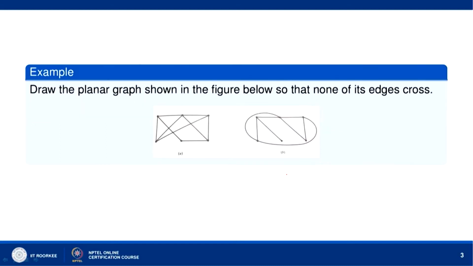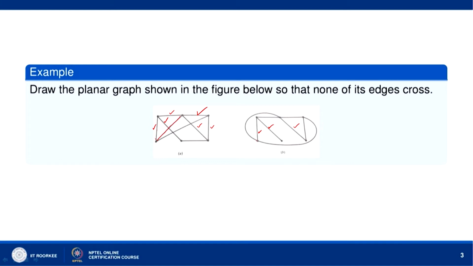Now, let us see this graph. This graph is a planar graph because none of its edges cross. As such, we are seeing that its edges are crossing, but we can draw it like this. These ones, this one and this one, and this edge, we can join like this.